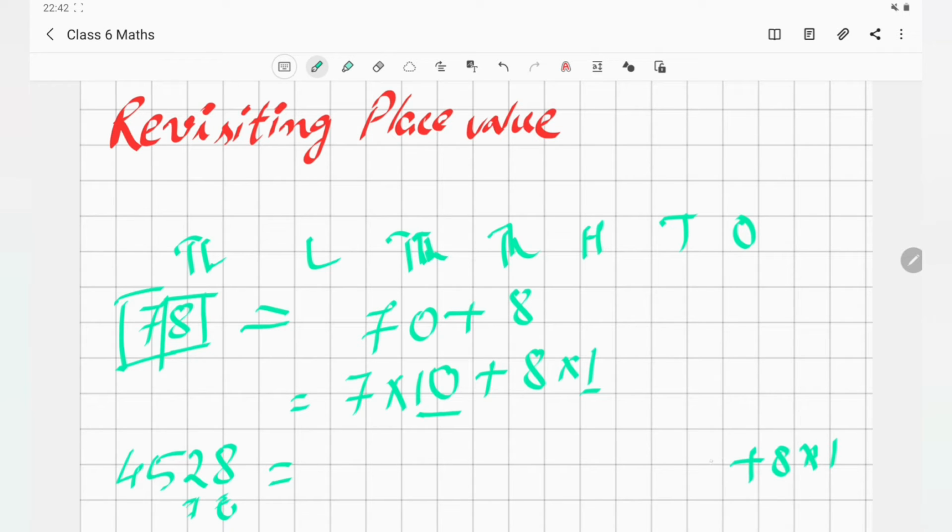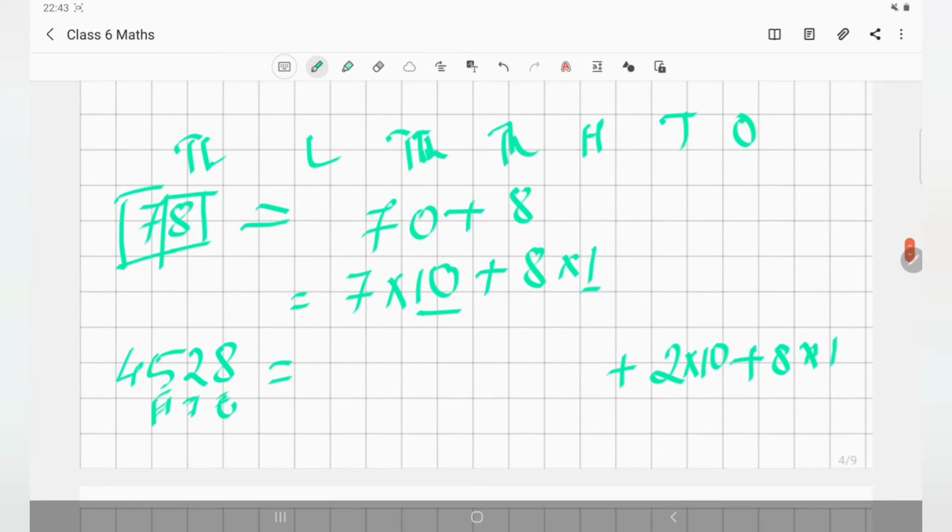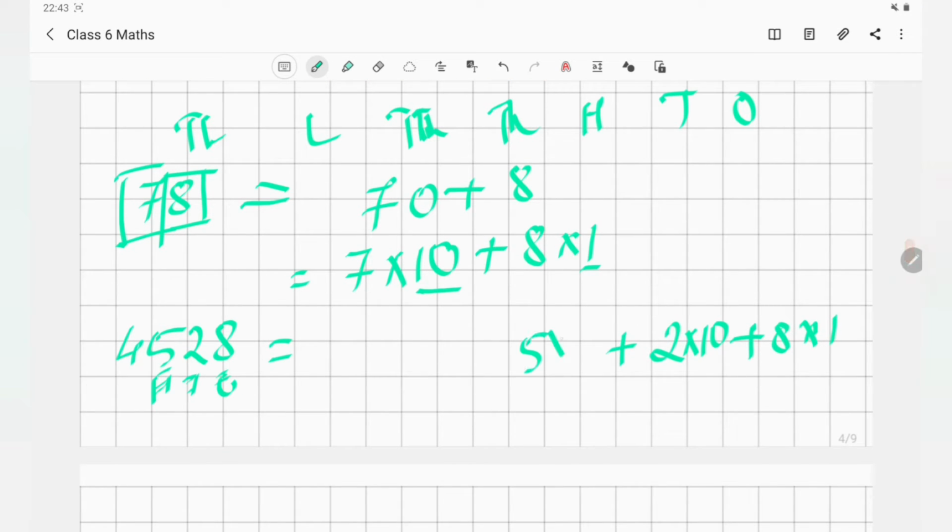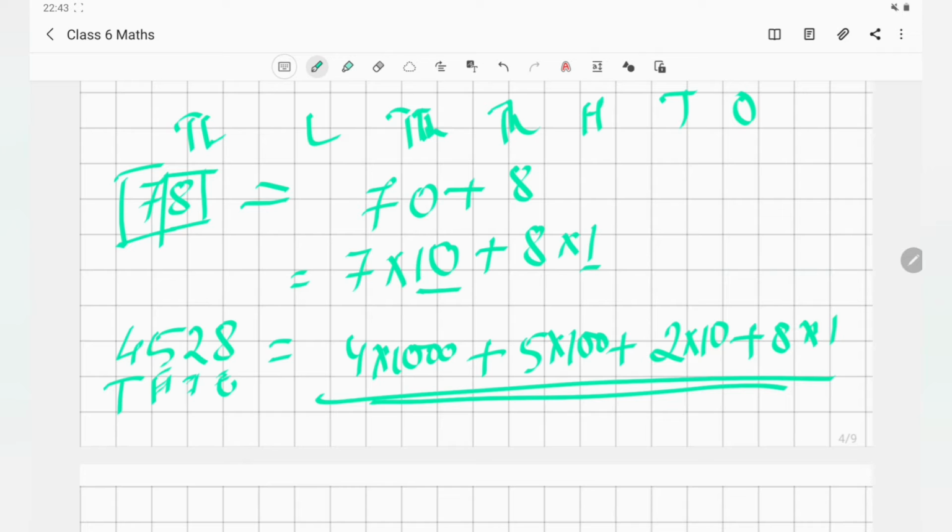So you write 2 into 10, plus 5 into 100, plus 4 into 1000, and this is the expansion of the number we are looking at. It breaks up a number as per its place value, and the sum total of this expression will be 4528. So that's pretty straightforward and simple.